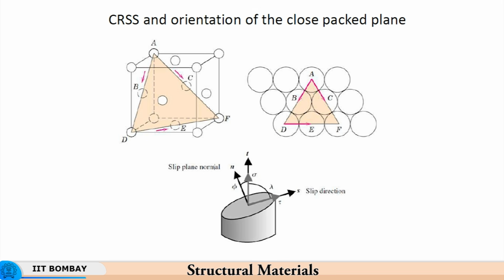If there is a big difference between these two, then naturally the resistance to deformation is going to increase. If this close packed plane, which is a plane of easy slip, is aligned or overlaps this particular plane, then the slip is going to be extremely easy. So material will behave soft or hard depending on how this plane is oriented relative to the geometric plane. So that is the most important thing.